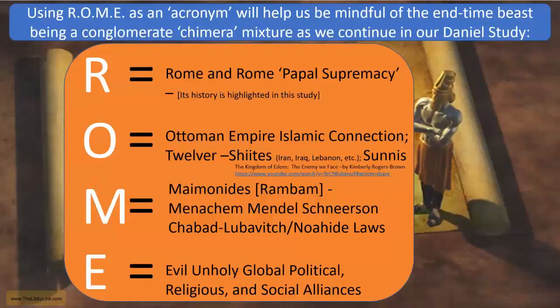So if we use ROME as an acronym, it will help us be mindful of that, because the conglomerate beast in Revelation is like a chimera. It's a mixture, if you will, of all kinds of animals, and so in a way it's a mixing of DNA, all kinds of mixtures.